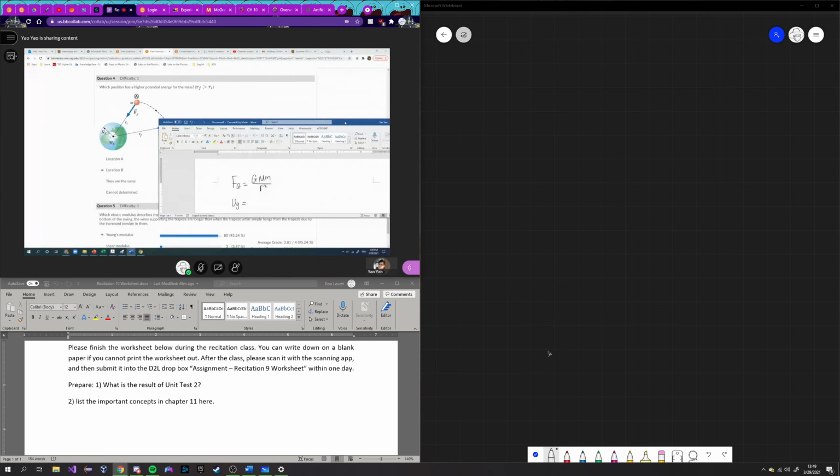It equals minus G times m over r. So when rf is larger than ri, we can get the magnitude. It looks like the absolute value for this one will be smaller.